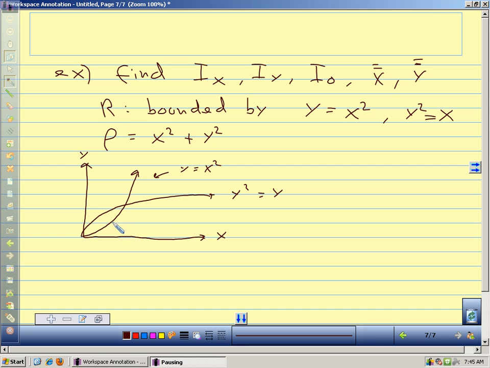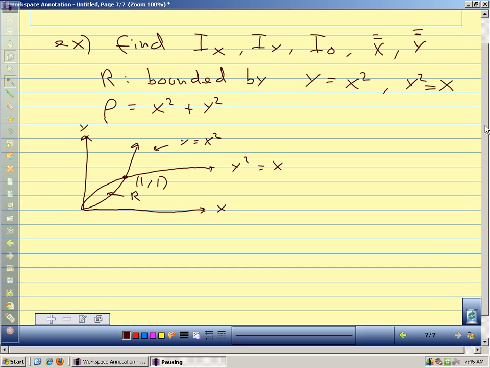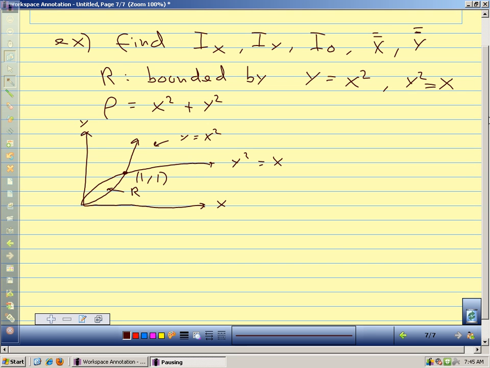So our region is in here. And what's our intersection point here? 1, 1. So we can set up our integrals now. How do we want to set them up? Vertical? That would be my choice.